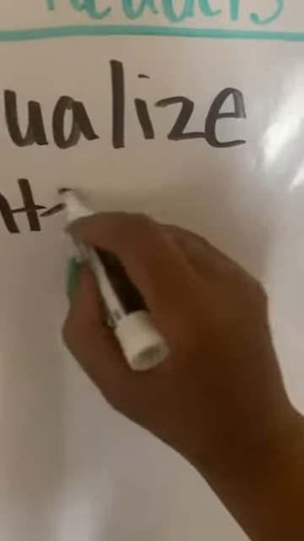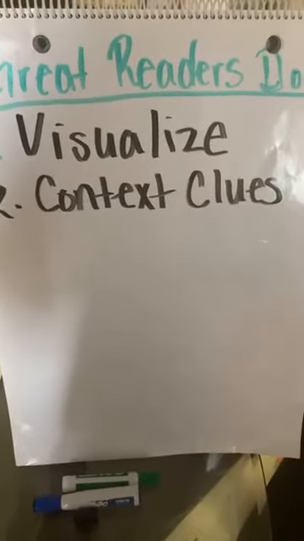Our second great reader strategy is context clues. All great readers come across words that they may not understand. We use context clues to figure it out. Context is what's going on around the word.